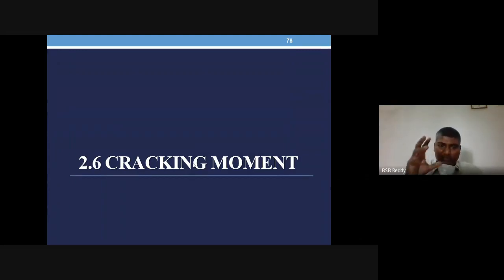What type of resistance mechanism is developed inside the concrete is seen in this C line concept, the thrust line or pressure line concept.